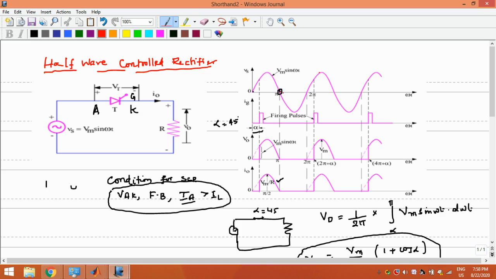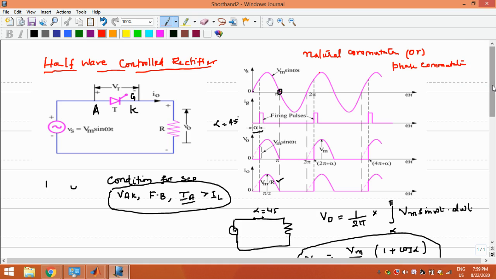The commutation here happens naturally, so it is called natural commutation, or phase commutation, or sometimes it can be termed as line commutation.